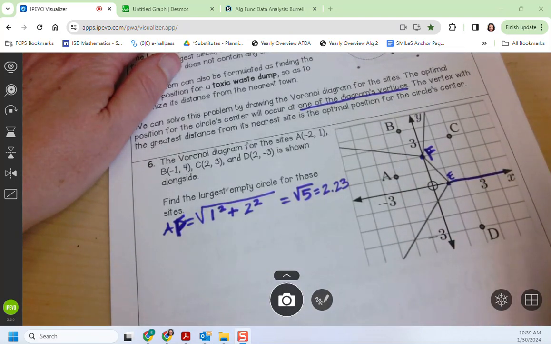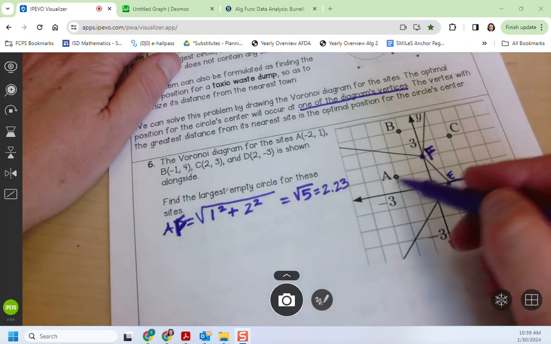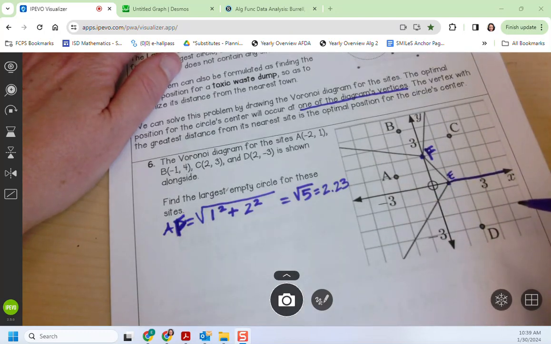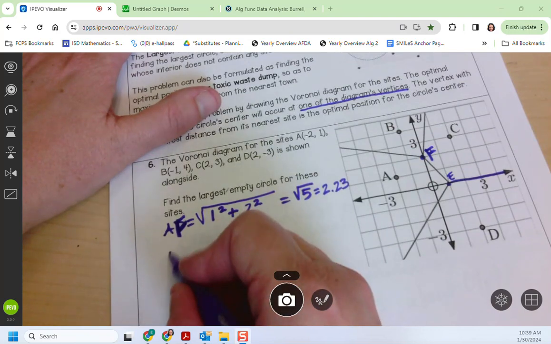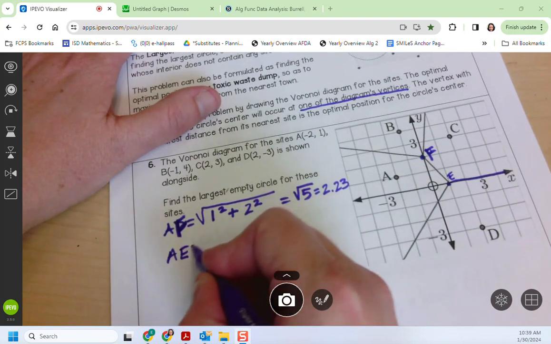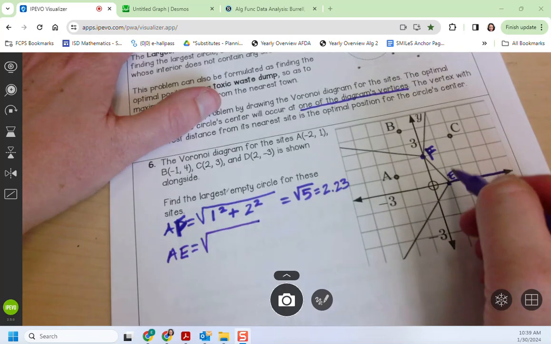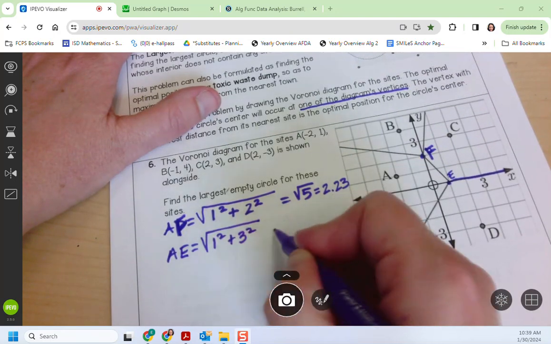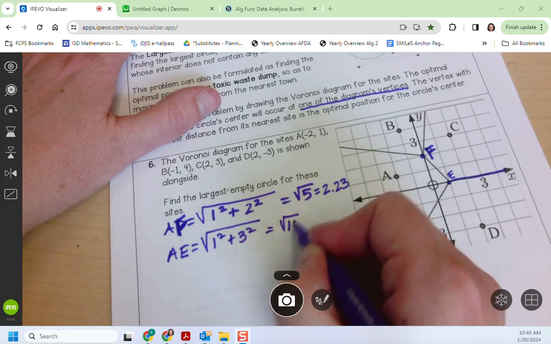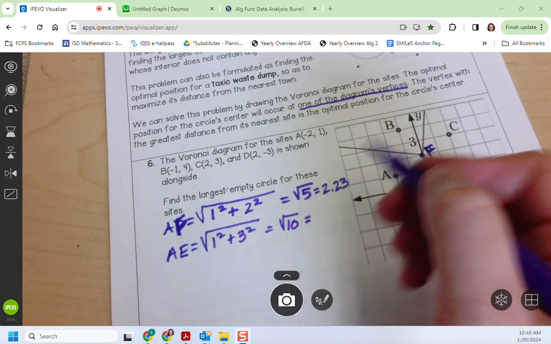What's closest to E? Is it A, C, or D? They're all the same. So I can do AE. That's 1 and that's 3. So 1 squared plus 3 squared, which is root 10. What's root 10 going to be about?